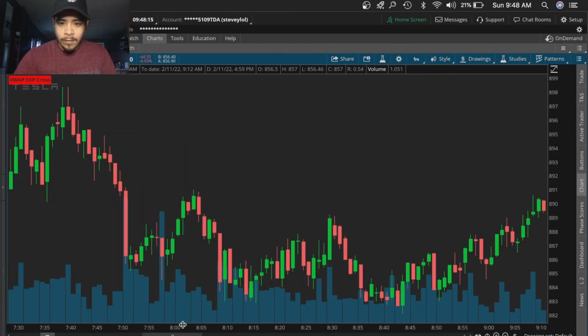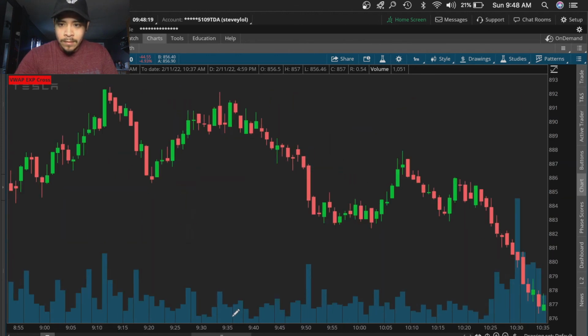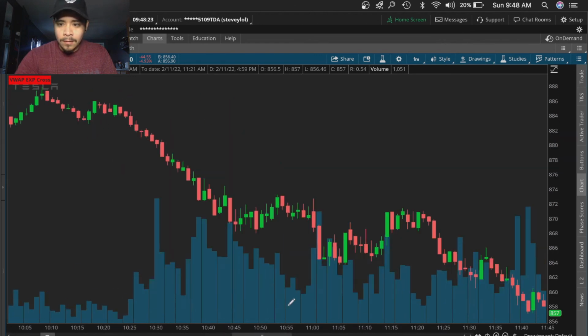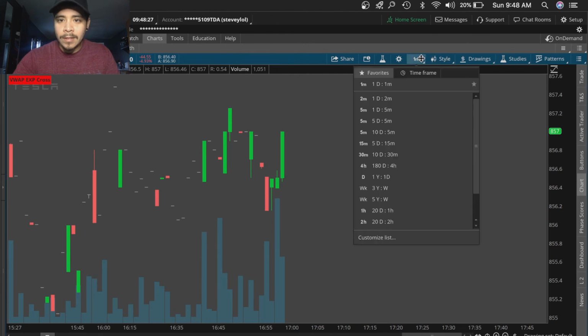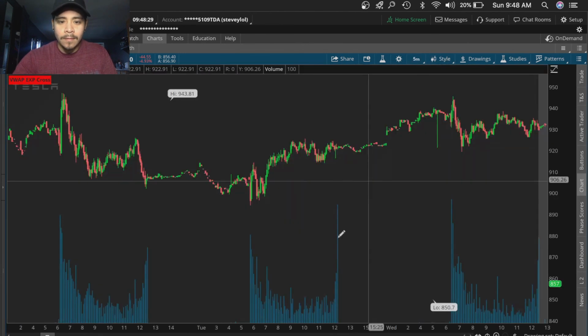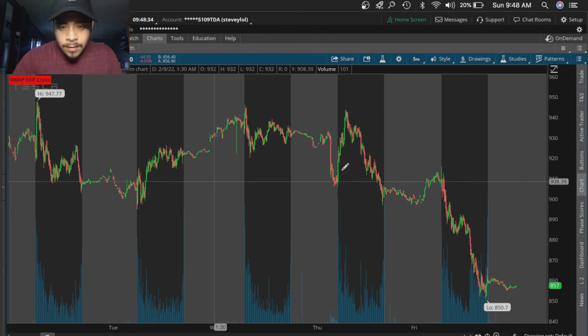Now, finding hammers. I love hammers. When you see hammers, that's a strong indication that buyers or sellers are really stepping in to move price for you. I'm not seeing hammers.